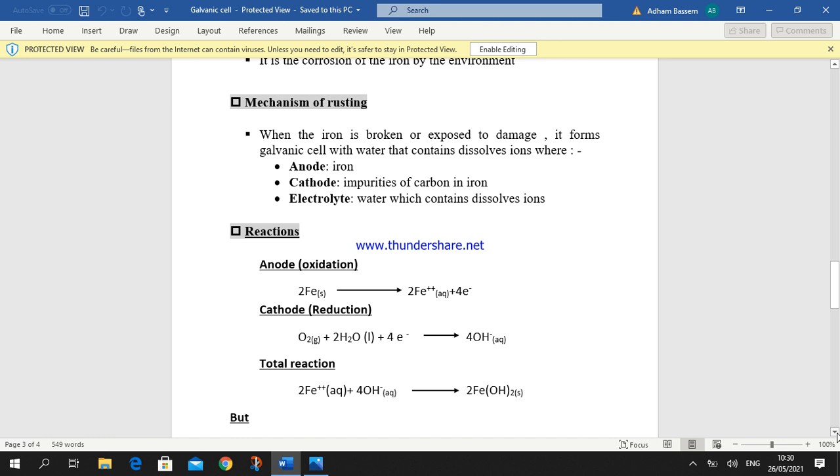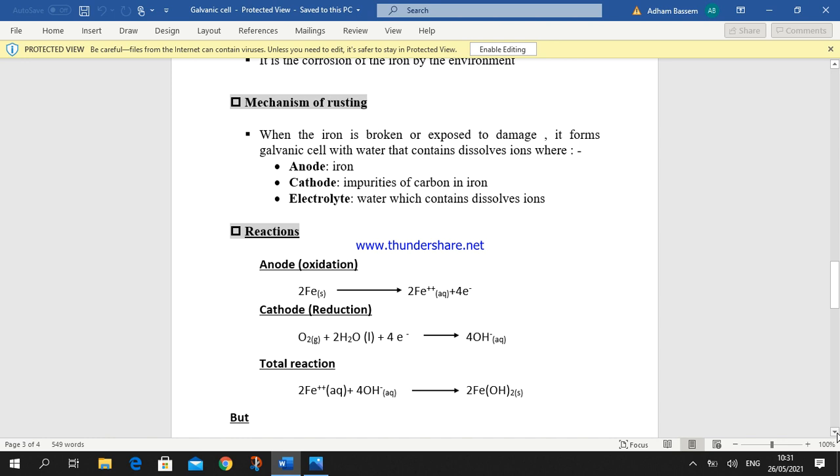When the iron is broken or damaged, it forms a galvanic cell with water that contains dissolved ions, where the anode, which represents the negative electrode, is iron; the cathode, which represents the positive electrode, is impurities of carbon in iron; and the electrolyte is water containing dissolved ions. At the anode, the neutral atoms of iron are oxidized by losing electrons and change into iron positive ions. At the cathode, the oxygen molecule reacts with water and the 4 electrons produced from oxidation of iron at the anode and forms hydroxide negative ions.